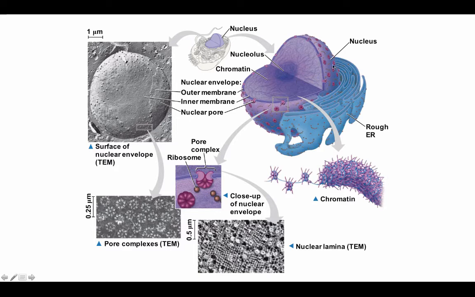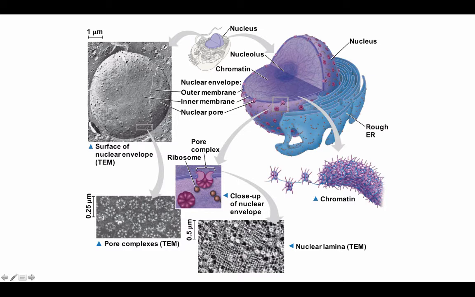And we see in this image here the double membrane of the nucleus. The outer membrane is continuous with the endoplasmic reticulum. More on that structure in just a moment. And here are all these little pores, which are actually composed of these protein compounds forming a donut shape called a pore complex. And this is what they look like in electron micrograph.